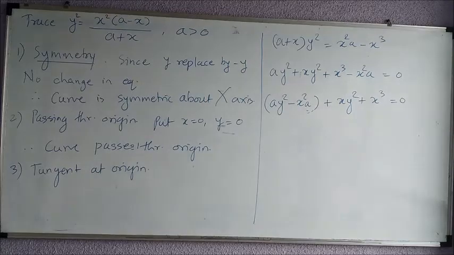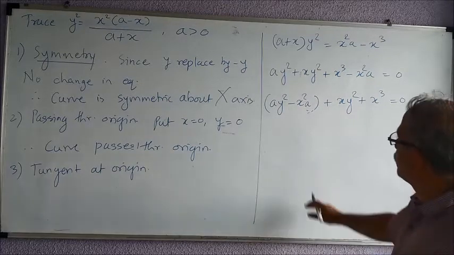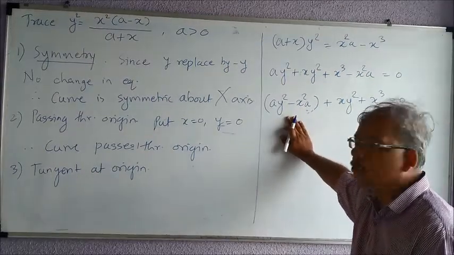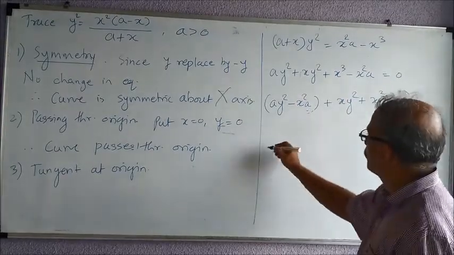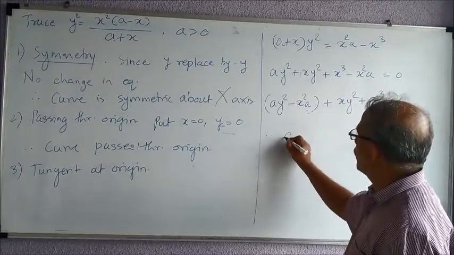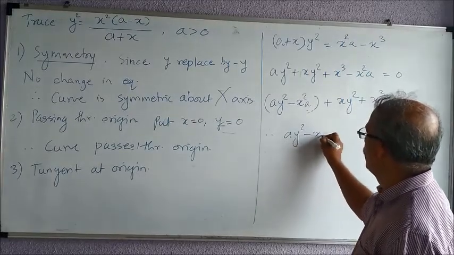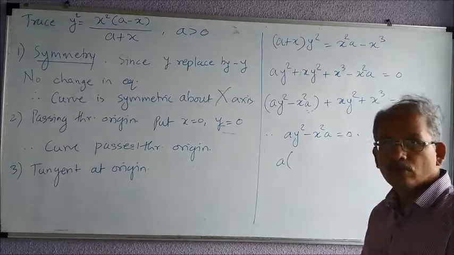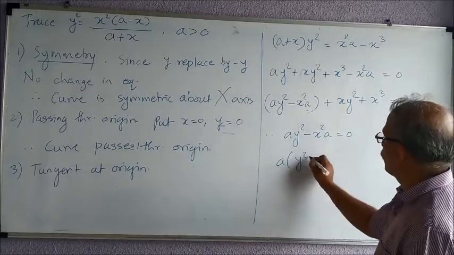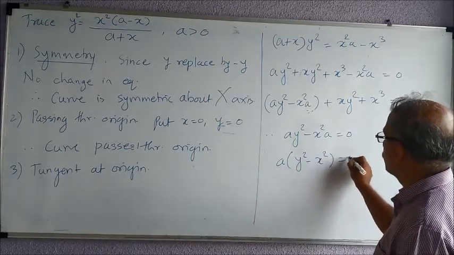Now see that the lowest degree term is obviously this. This has degree 2. This has degree 3, degree 3. So let us equate this term to 0. Therefore, ay square minus ax square equal to 0. If I take a common, it is a into (y square minus x square) equal to 0.